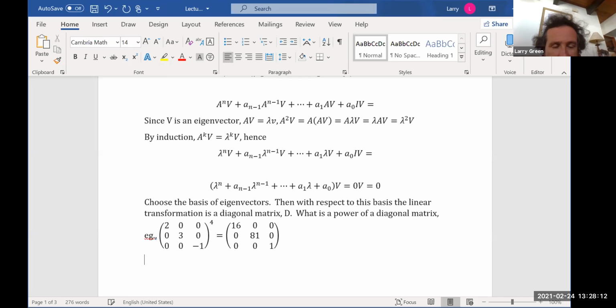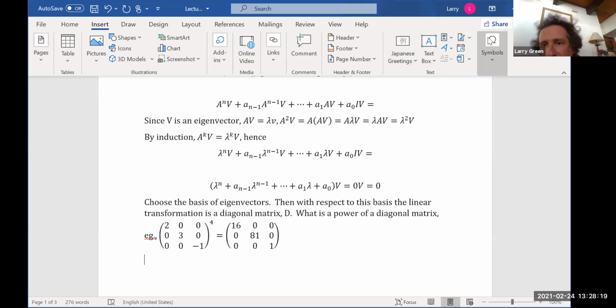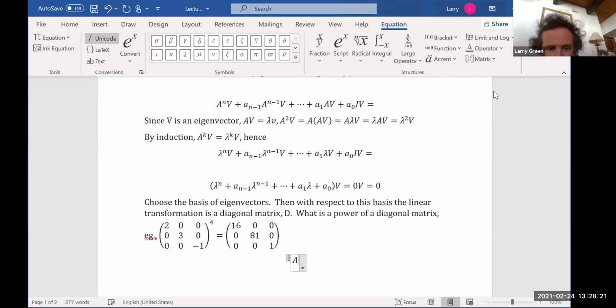So in other words, let's write it as a matrix equation.